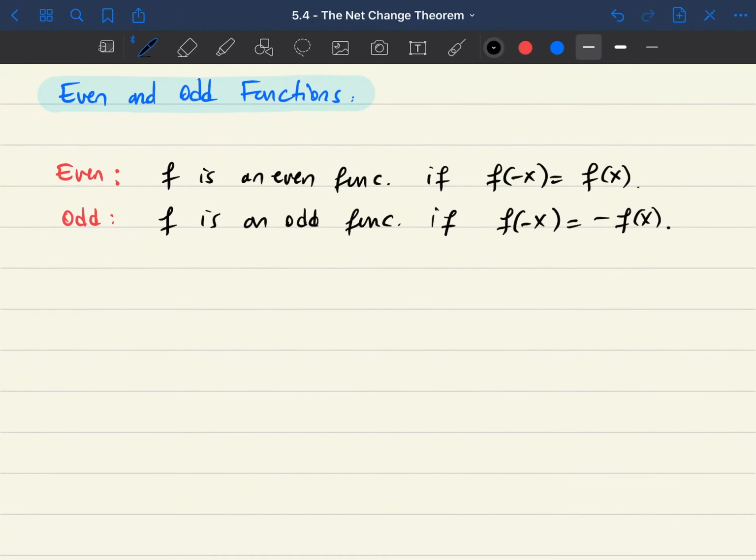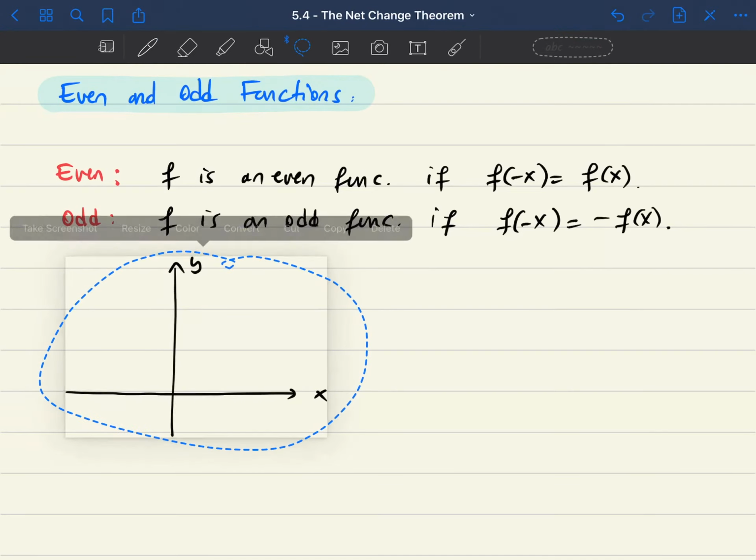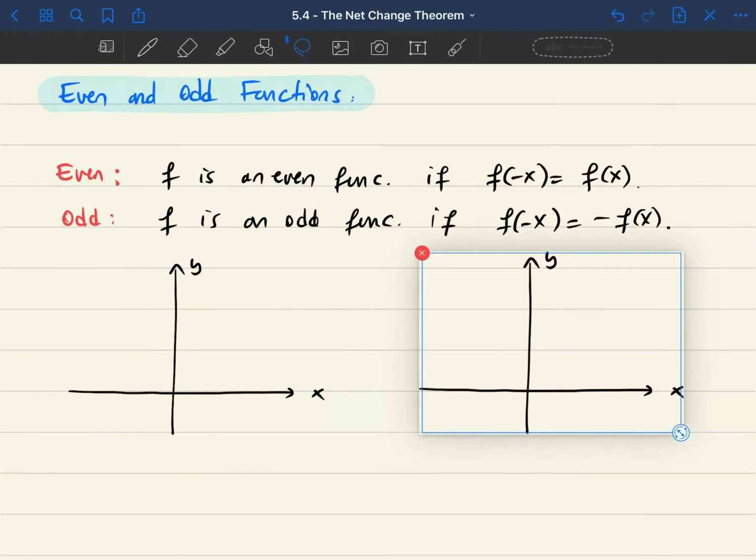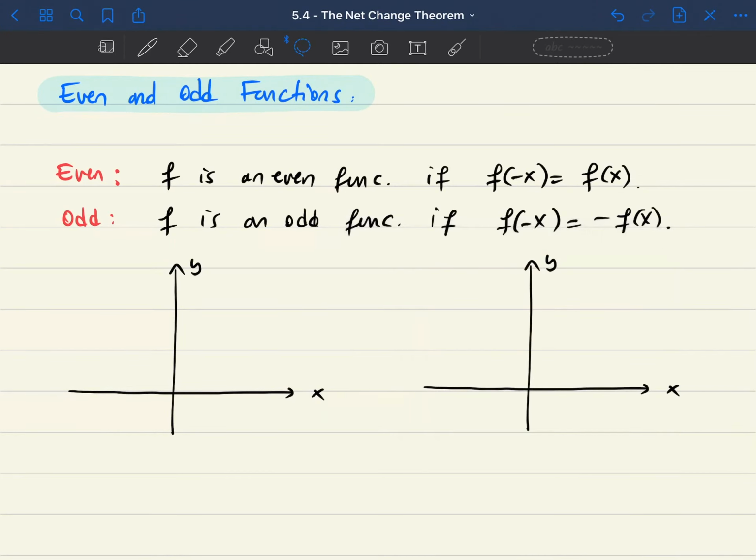And if you draw a picture of an even function or an odd function, you get something like the following. Let me first draw an even function. I hope I can do that because it has to be symmetric with respect to the y-axis. I need the same axes on the right because I'm going to draw also an odd function. If you want to have an even function, then you have something like this.